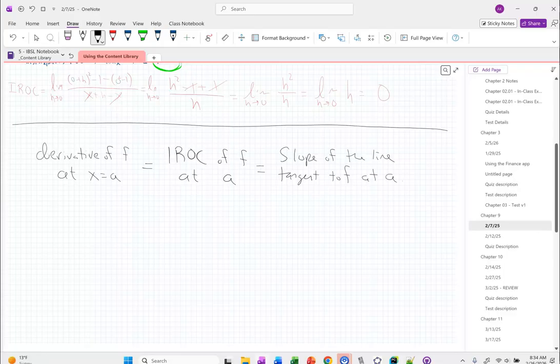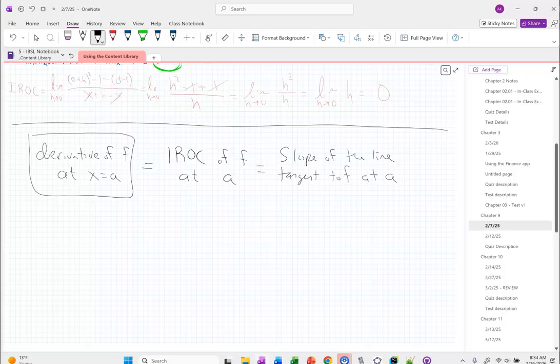So that new function that we're going to define is called the derivative. So we say that the derivative of f at the value x equals a is the same as the instantaneous rate of change of f at a. That's the thing we've just been doing, which is the same as the slope of the line tangent to f at a.